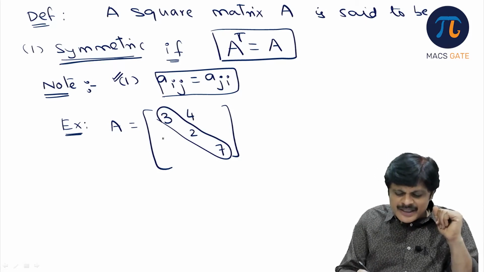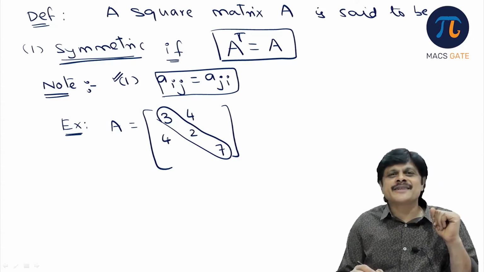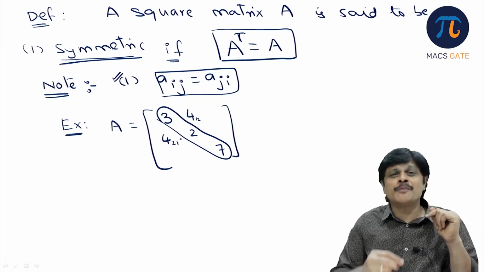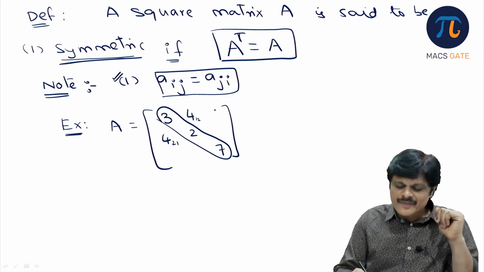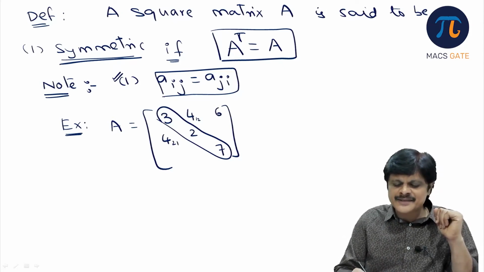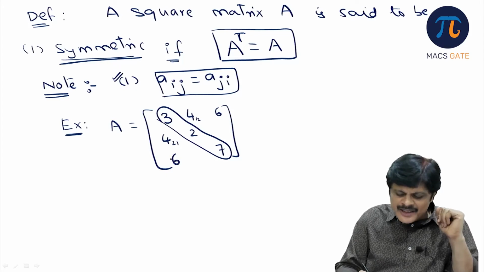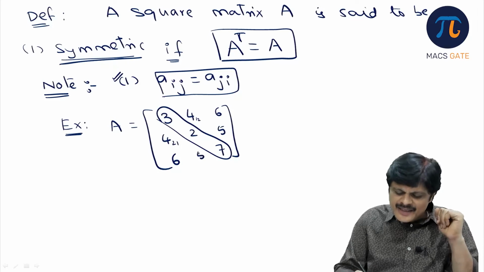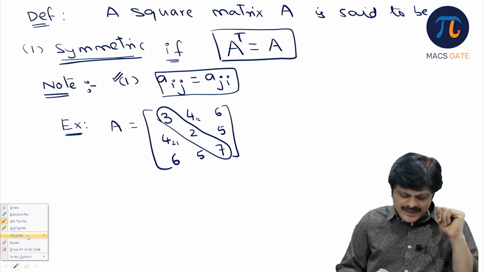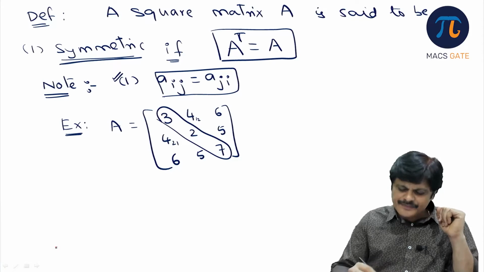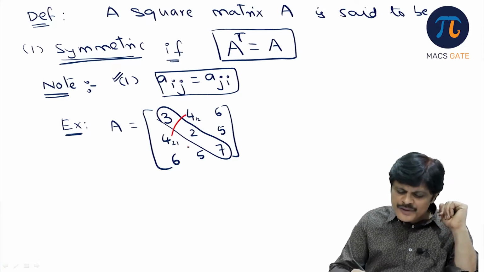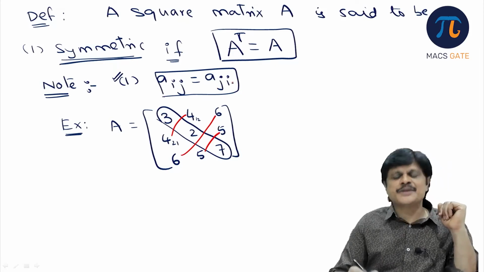You can find a mirror image that should be exactly same as this. This is first row second column and this is second row first column. Both are same. Suppose if you are having say 6 here. So what is the mirror image? Here that would be 6. And suppose it is 5. This would be 5. See, if you just imagine the main diagonal as mirror, these two fellows are mirror images. That is it. Aij is equal to Aji.